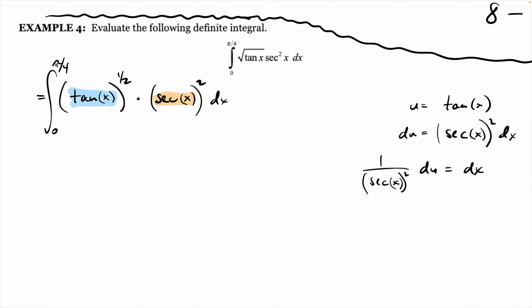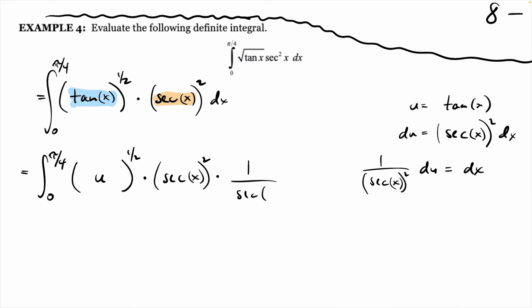Okay, plug it back in. Tangent is where my u is going to be. Secant squared is going to stay because I didn't do anything with secant squared. dx becomes 1 over secant squared du.